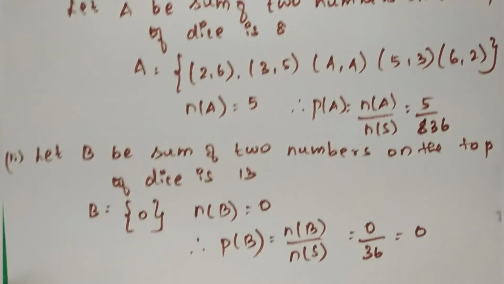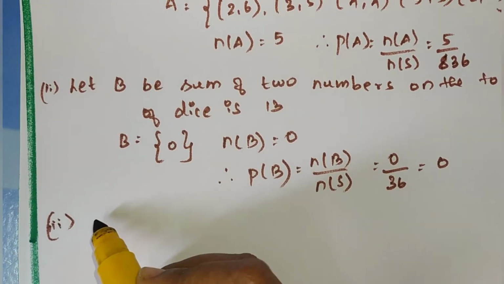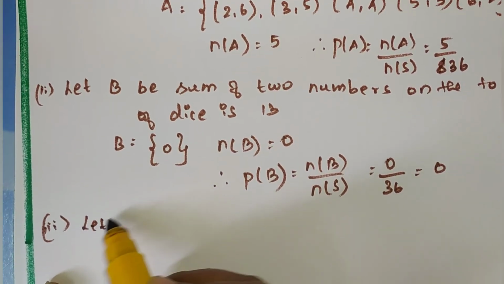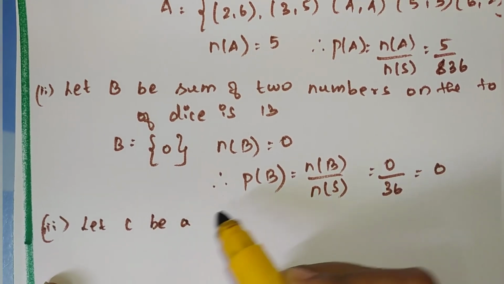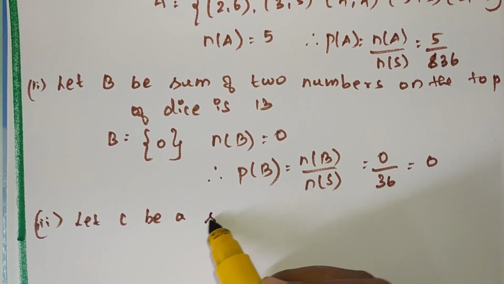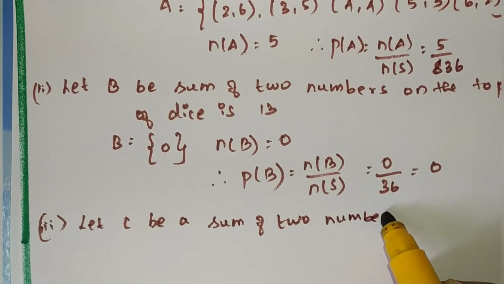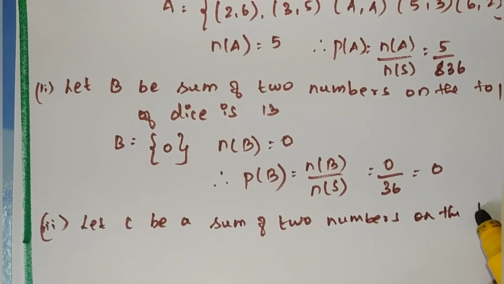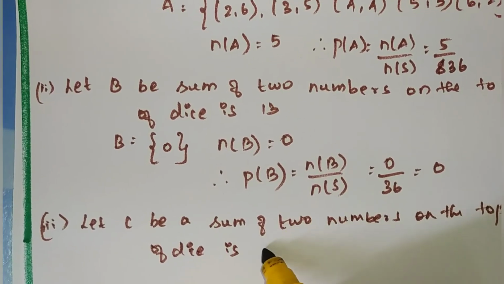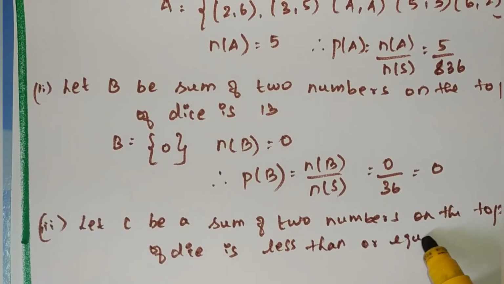Okay, and then third, less than or equal to 12. Let C be the sum of two numbers on the top of the die is less than or equal to 12.